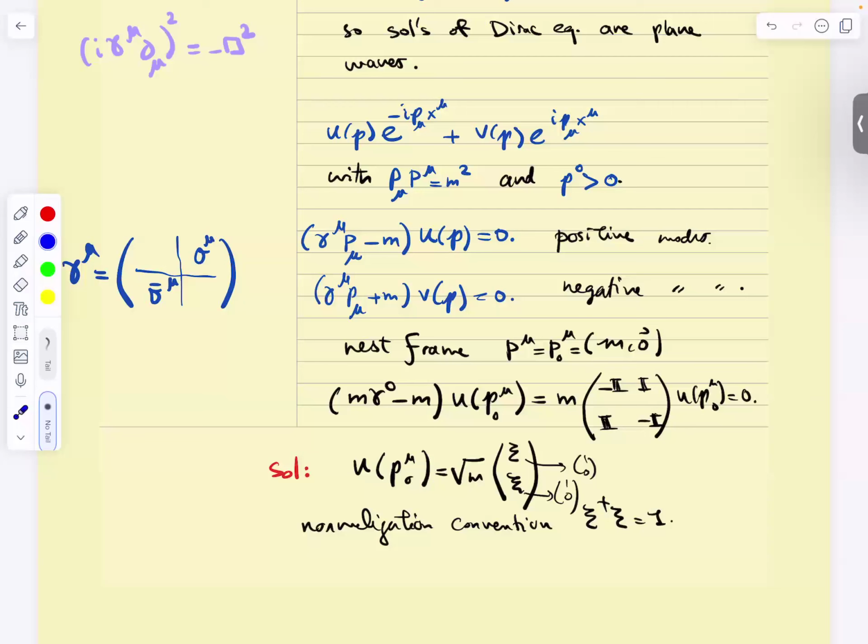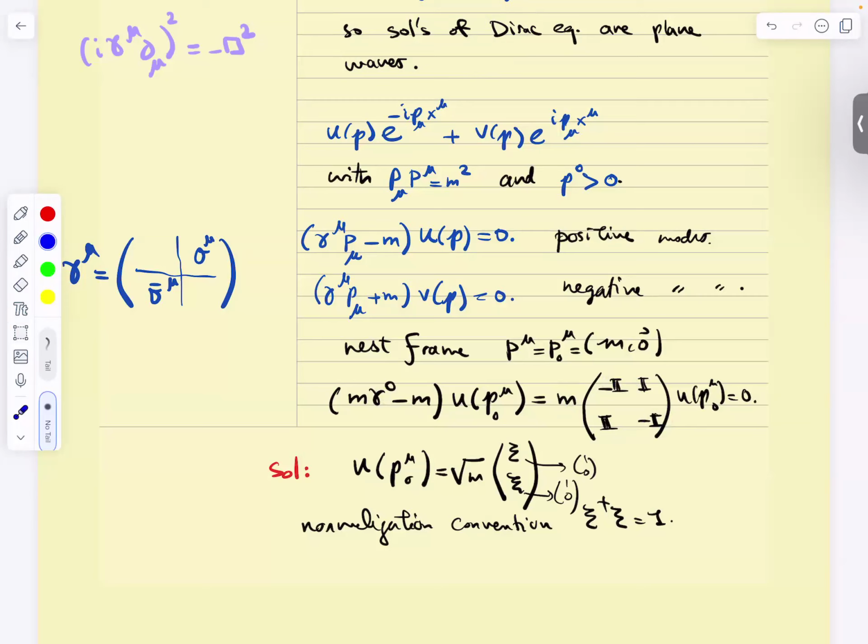So, by the way, hopefully this is clear: when I write i gamma mu del mu minus m, this is a 4x4 matrix. So this m is multiplied by the 4x4 identity matrix. Hopefully that's implied, right? That's why I have m times identity coming from this term.